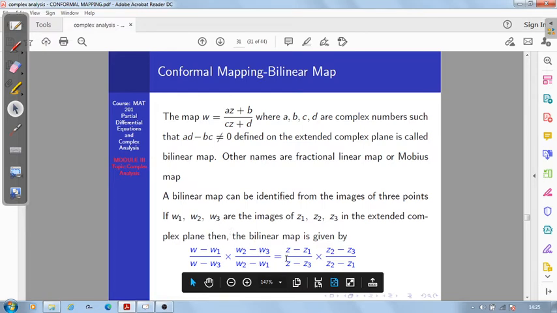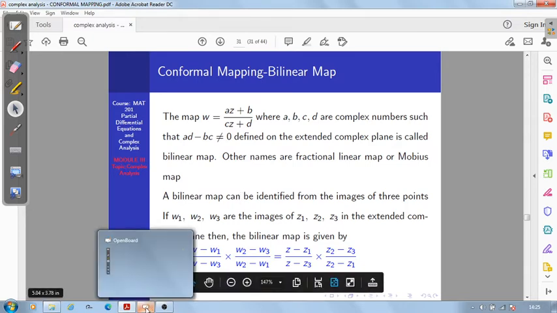Where W and Z are general points, we take W as the image of Z, W1 the image of Z1, W2 image of Z2, etc. So we make use of this to find the bilinear map given the image of 3 points. Let us see some examples.